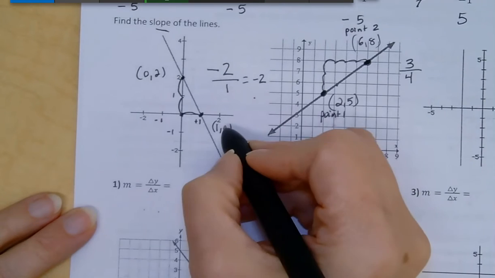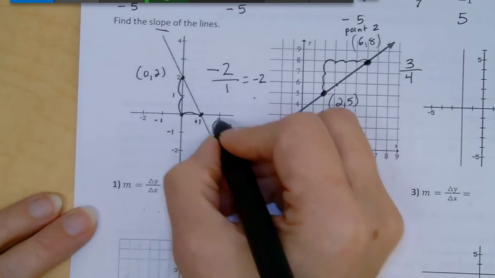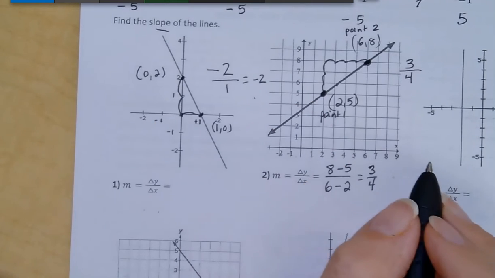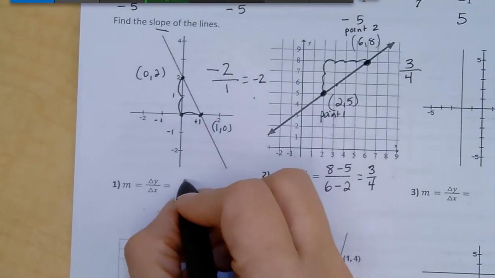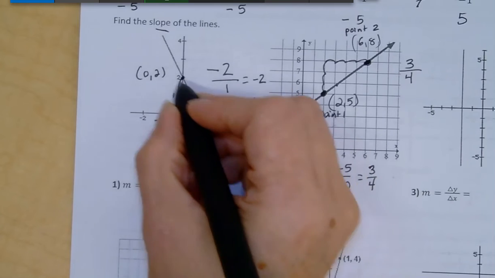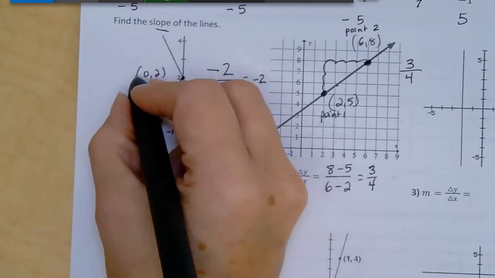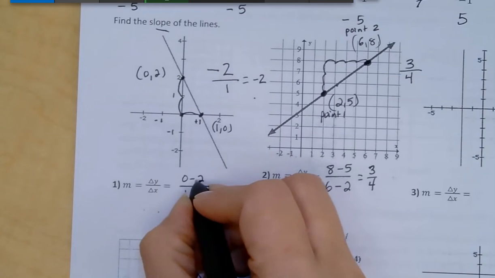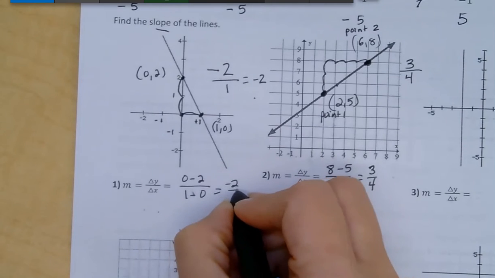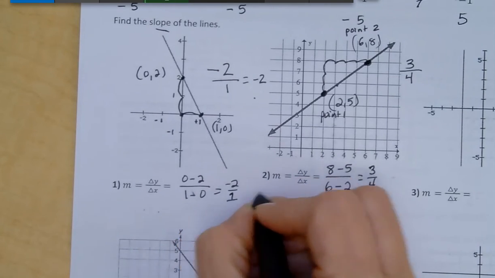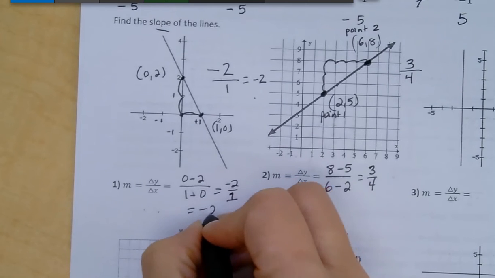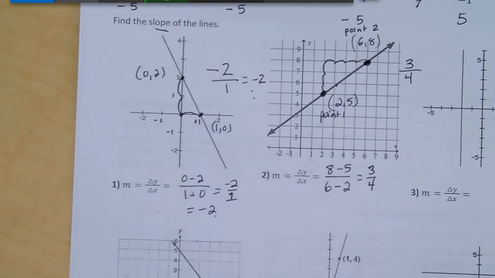If this is my first point and this is my second point, I have 0 minus 2, so y sub 2 minus y sub 1 over x sub 2 minus x sub 1. So I have -2 over 1, which is -2. And that's what we figured out just by visually looking on the graph.